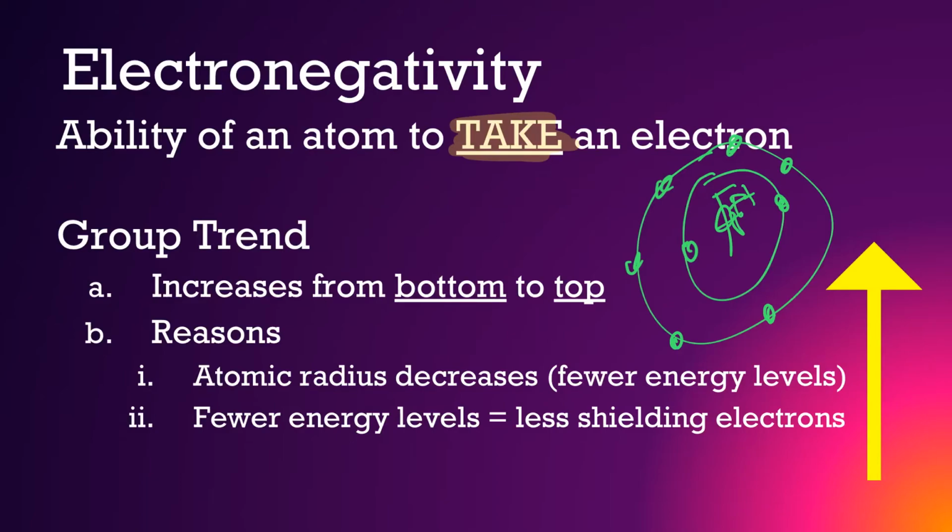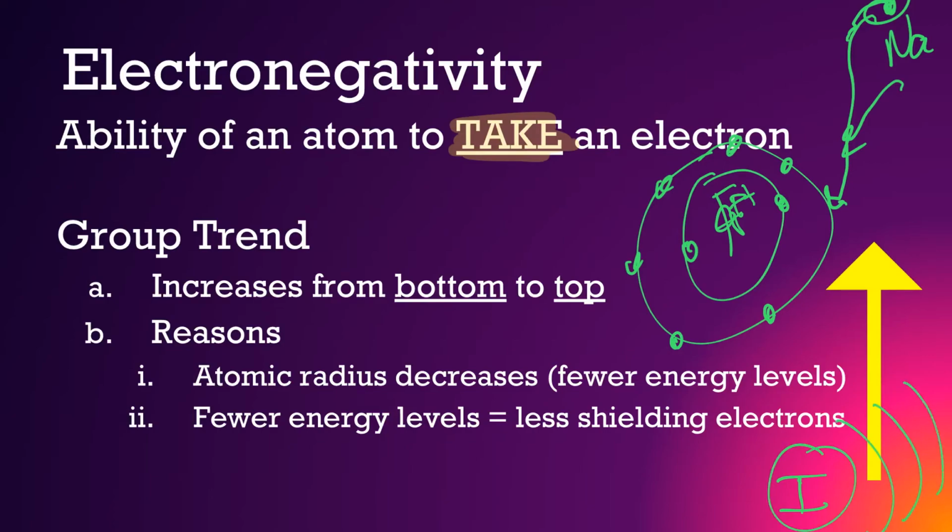So with this positive charge, it's easier to take an electron from another atom because the nucleus isn't shielded. And so this electron from sodium is more readily taken by fluorine than if you look at iodine, which has more electrons and more energy levels to shield that positive force of the nucleus.